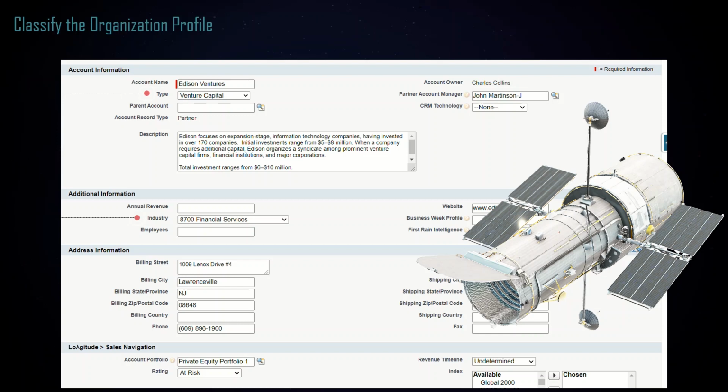So it's critical for you to understand the organization, its profile, so that when you are looking at it as part of potentially a larger community of organizations, you get an opportunity to see who are we doing business with? What industries are they in? What sizes are the organizations?